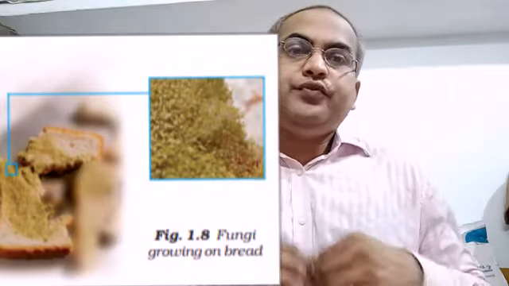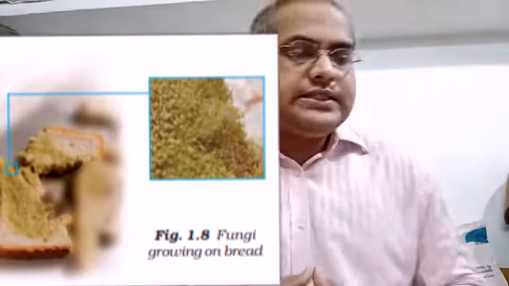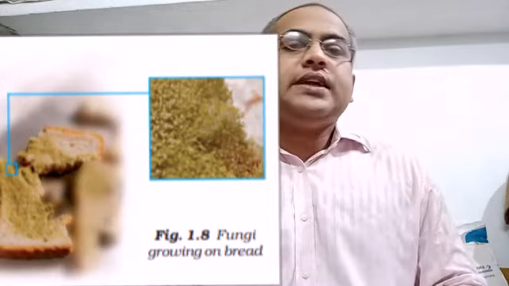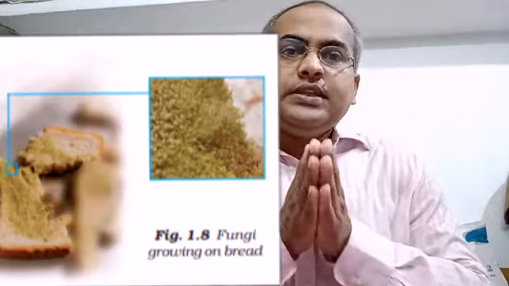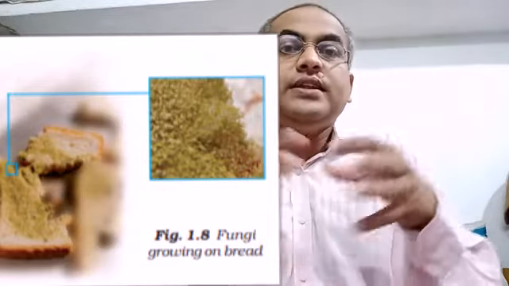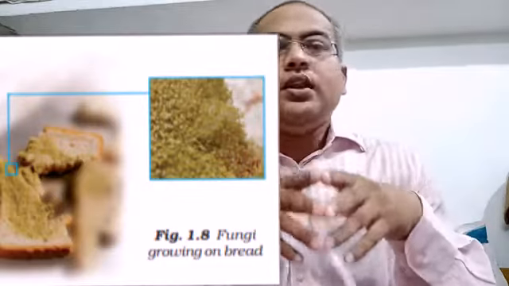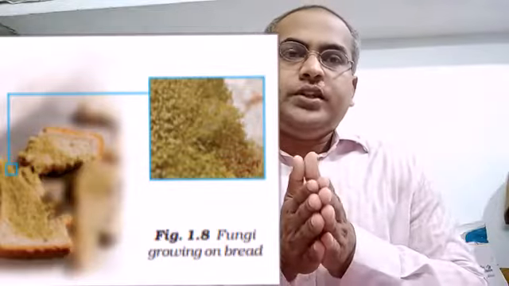Now the next type of nutrition is called symbiotic nutrition, or symbiosis. In this condition, two living organisms come together, live together, survive together, and help each other in survival. There is a very famous example called lichens. In lichens, algae and fungi live together.